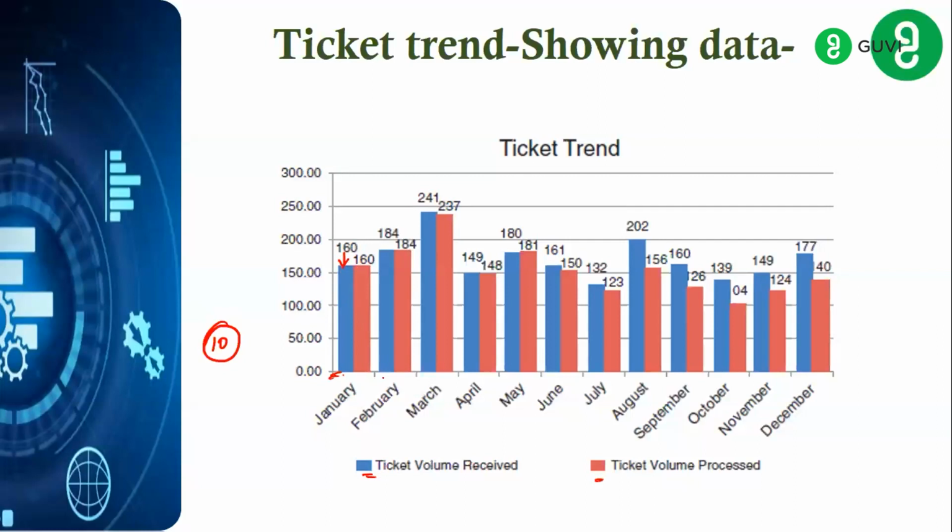For February, 184 tickets received and 184 processed. March: 241 received, 237 processed, only 4 pending tickets. That is not a big issue, right? In April you received 149 and processed 148, only one pending. And May also 180 and 181.